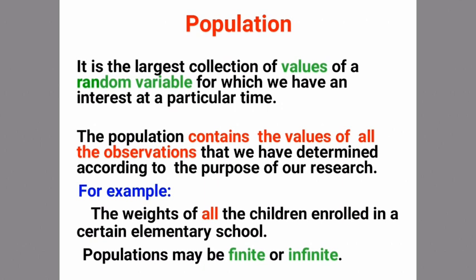Suppose that there are 100 students in your class. Now, the height values of those 100 students is a population. This population contains 100 height values. Because the population contains the values of all the observations, it is the largest collection of values of a variable.